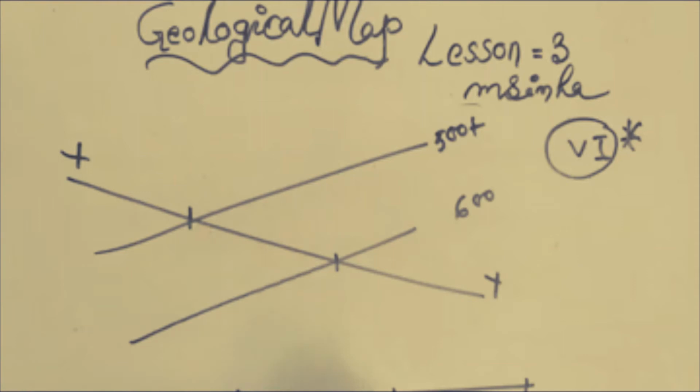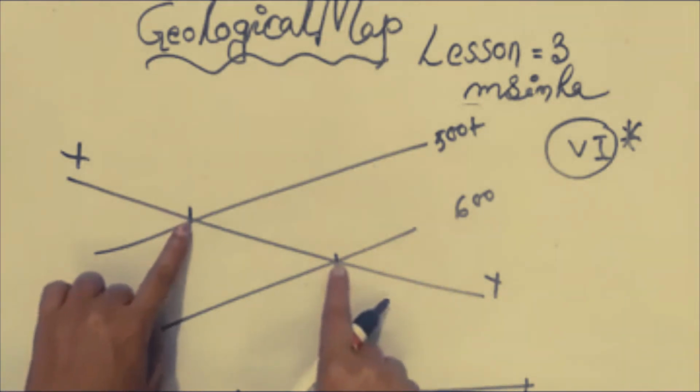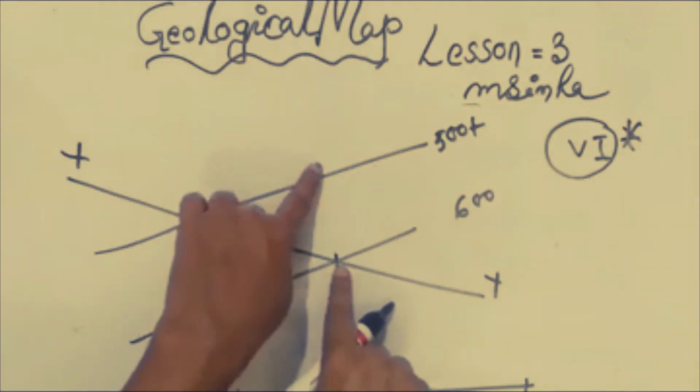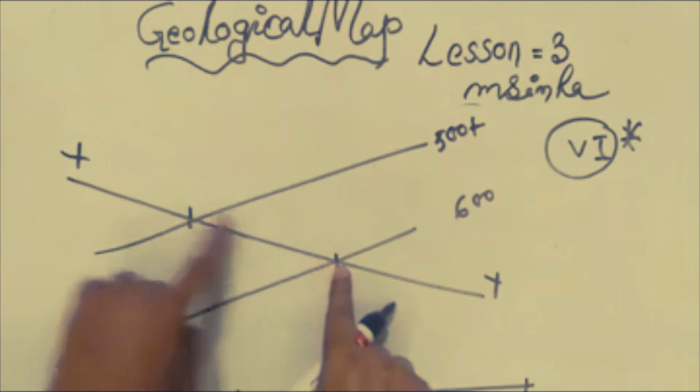This is the point of 500 feet. This is the vertical height information of 600 feet. So this is not the minimum distance; this point is not opposite to that point.